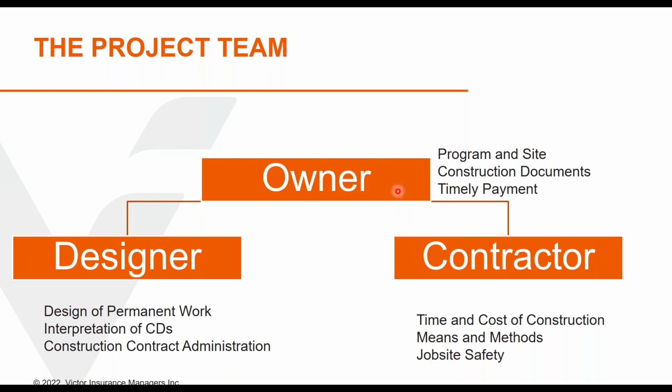Now, when the owner enters into a contract with a contractor, when they give them that set of construction documents, they're giving them an implied warranty that the construction documents have sufficient information for the contractor that allows them to price the project, schedule the project, and has enough information for them to complete the project for the price that they agreed to in the contract.